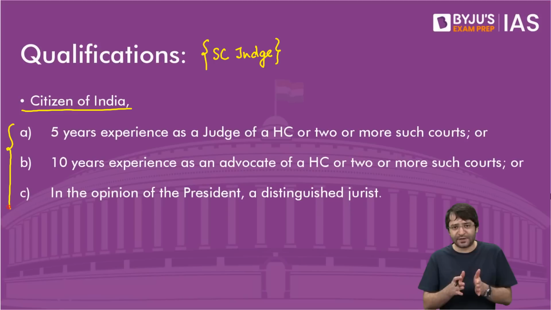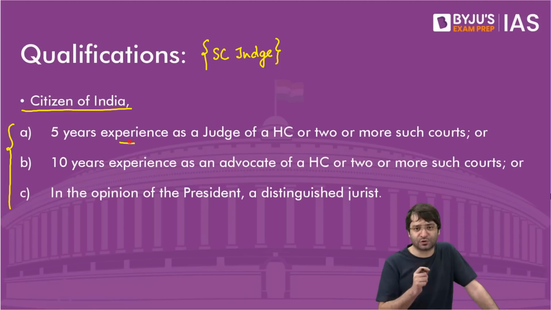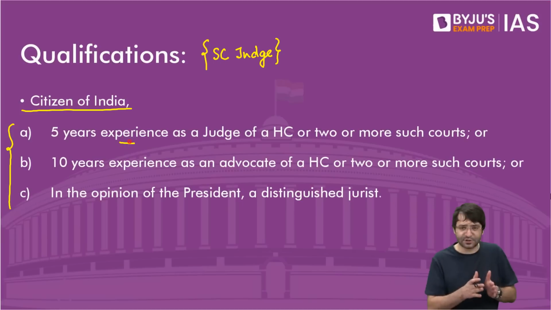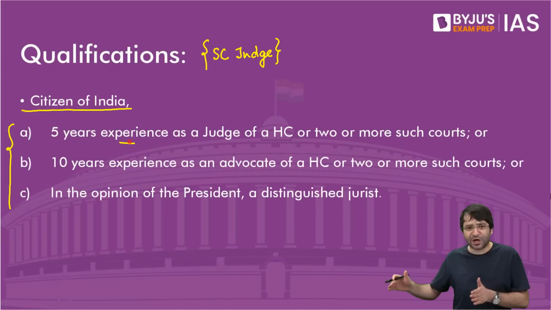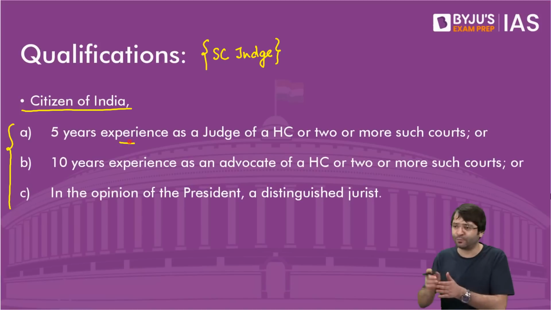You are a citizen of India and you are a judge of a High Court or one or more High Courts for 5 years consecutively. You are qualified to be appointed as a judge of the Supreme Court.